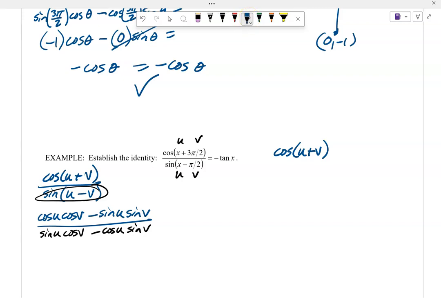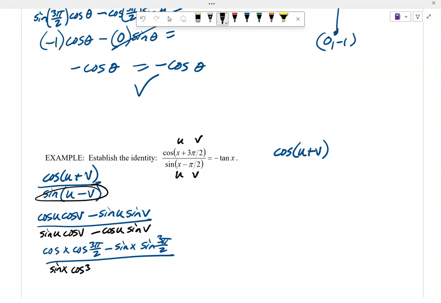So we've got cosine of x, cosine of 3 pi halves, minus sine x, sine of 3 pi halves, all over sine x, cosine of pi halves.